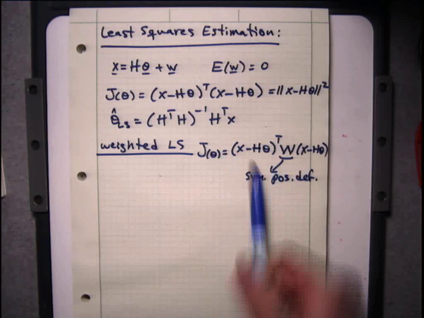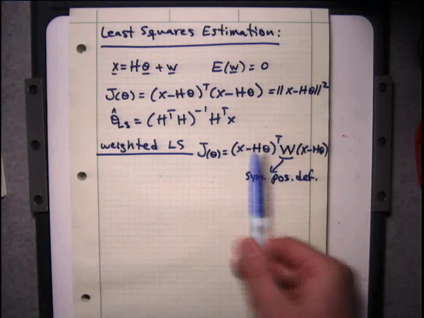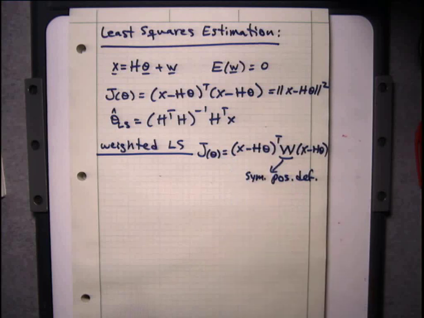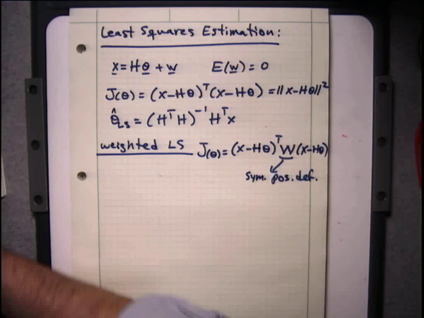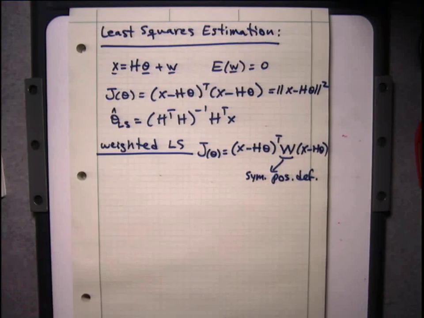If you think of h theta as a vector and x as a vector, x1, x2, up to xn, each component has its own error that you can define, element by element. So what this W allows you to do is assign different weights to each of those components. Some components may be more important, so you give them more weight. Other components may be less important, so you give them less weight.